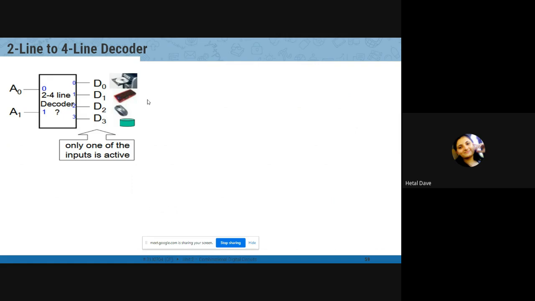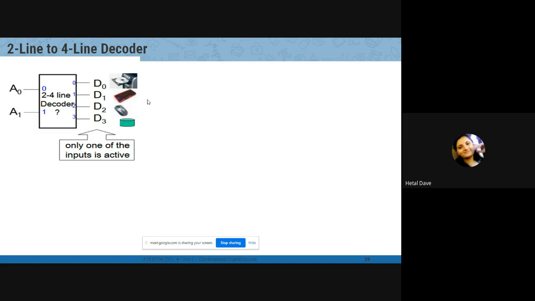But in today's lab, you need to implement the 2 cross 4 decoder, so I am going to explain this 2 cross 4 decoder. Many subtopics are given under decoder, which will be covered in the theory portion. Here, just for laboratory purposes, we are going to cover the 2 cross 4 decoder. If 2 cross 4, then 2 inputs and 4 outputs.